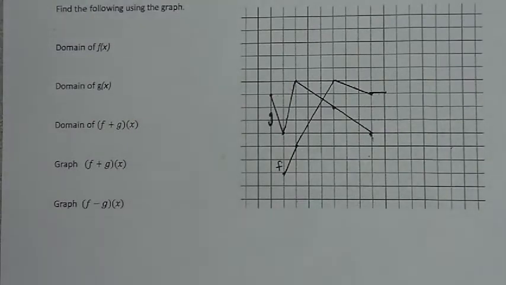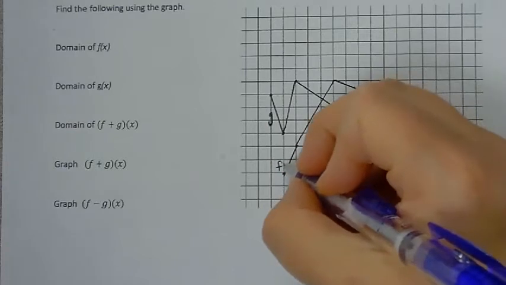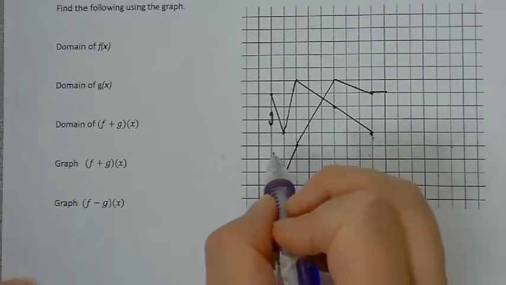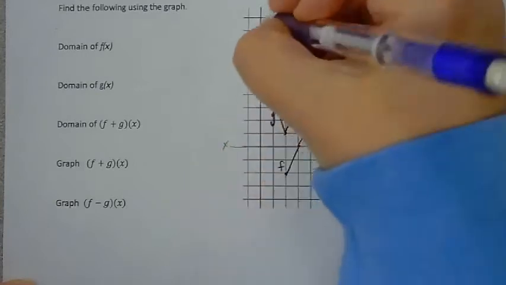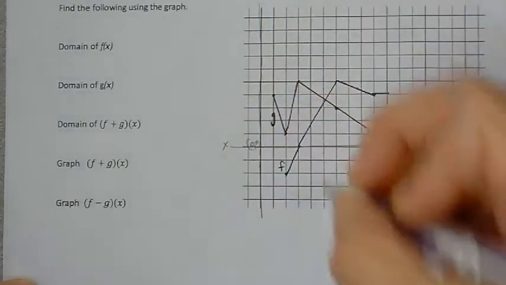So f of x is this one right here, and domain is the x value. It's hard to see on this particular graph, but this is the x and this is the y. So this is the point 0, 0 right there.